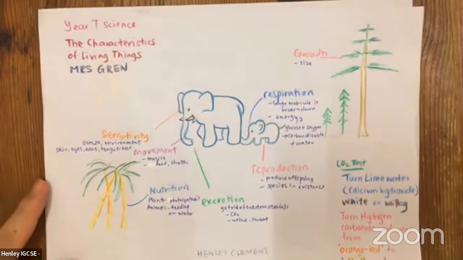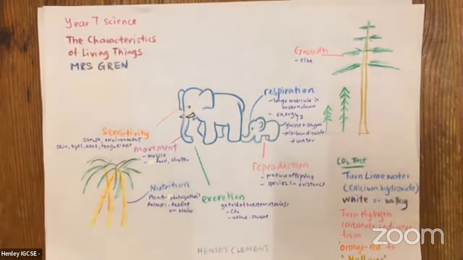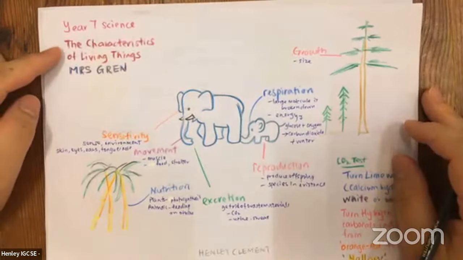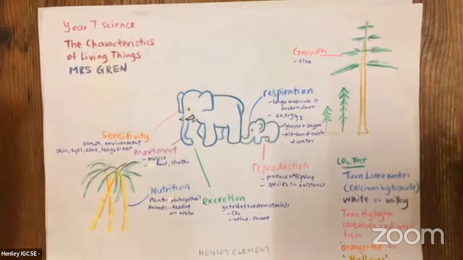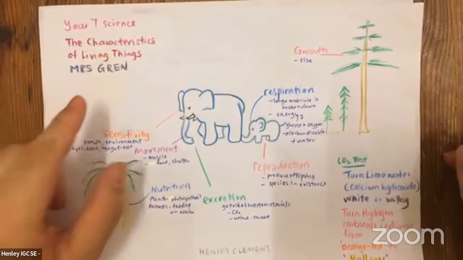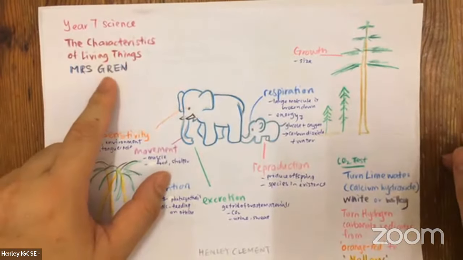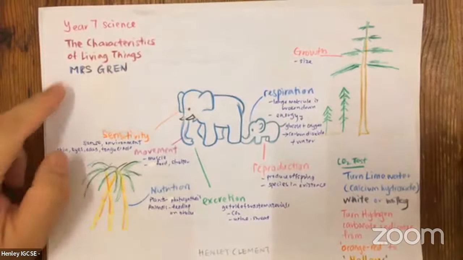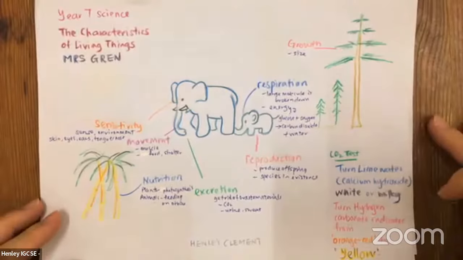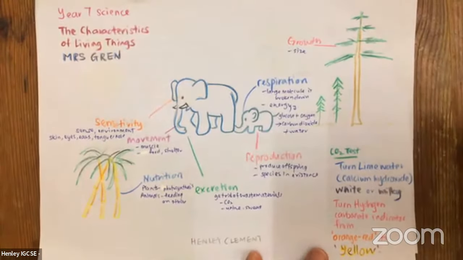This is Mr. Henley here for you, Year 7 Science, the characteristics of living things. I will write a word here. If you have done Year 7, you will know this word, Mrs. Grant, M-R-S-G-R-E-N. What does Mrs. Grant mean?